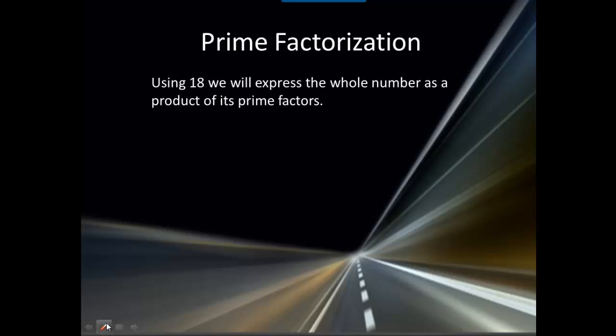Prime factorization. Using 18, we will express the whole number as a product of its prime factors. In our last slide, we took 18 and we broke it down, and we found that 2 and 3 and 3 are the prime numbers.